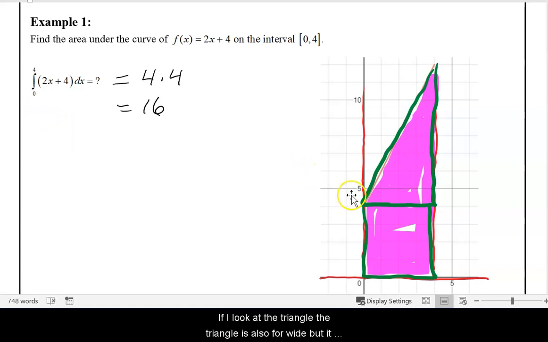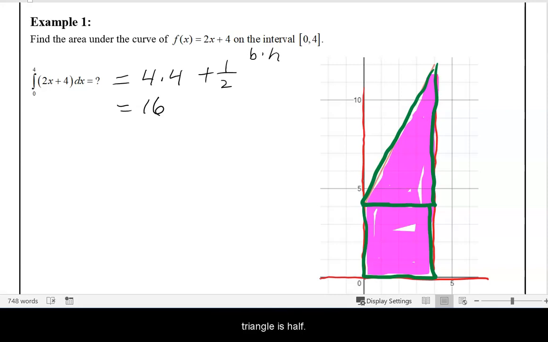If I look at the triangle, it is also 4 wide, but let's see how tall. From 4 to 12 would give me a difference of 8. The formula for the area of a triangle is 1/2 the base times the height, or 1/2 the rectangle of which the triangle is half.